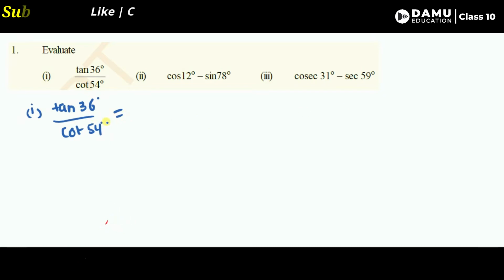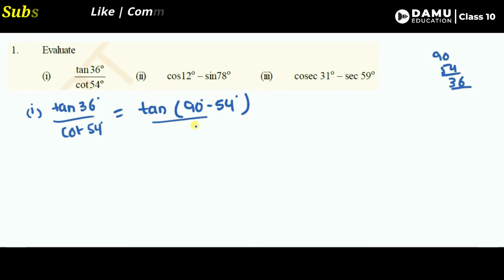If you subtract 90 minus 54, we get 36. So let's write tan (90 minus 54), which is tan 36 degrees, because 90 minus 54 is 36 degrees, divided by cot 54.